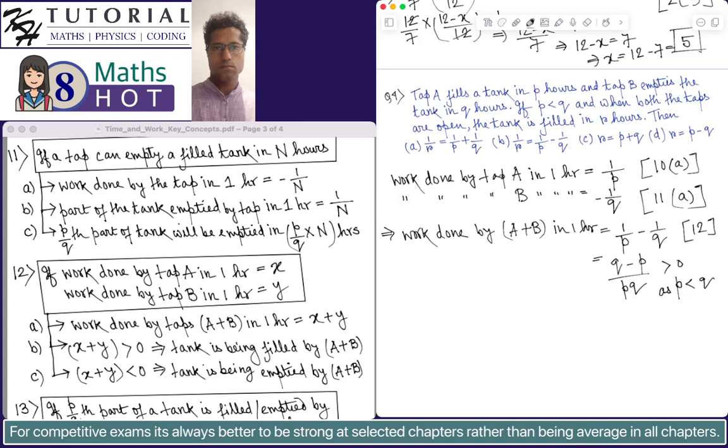From this we can find the time taken by A plus B to fill the empty tank.